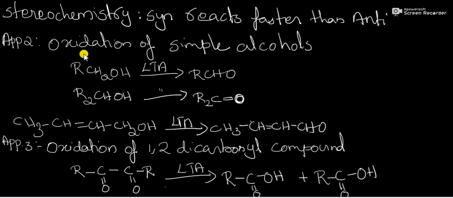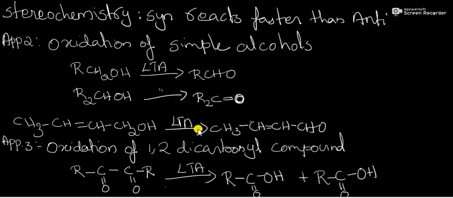Another application is oxidation of simple alcohols into aldehydes or carbonyl compounds. Here, this is our primary alcohol. A primary alcohol reacts with LTA to form an aldehyde, whereas this is a secondary alcohol. It will oxidize into a carbonyl compound.